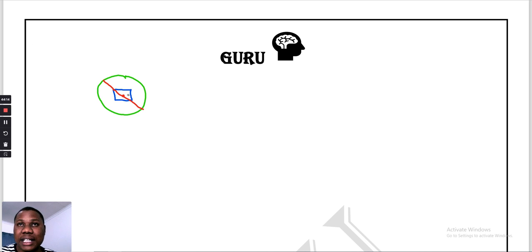It has a hole here in the middle, but the hole is taking the shape of a square.